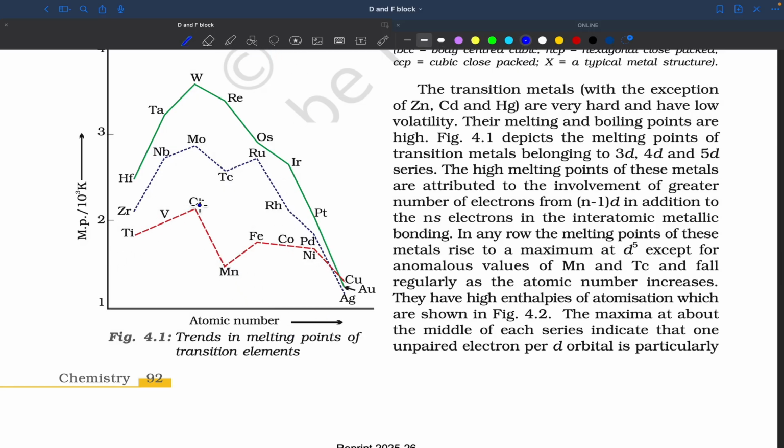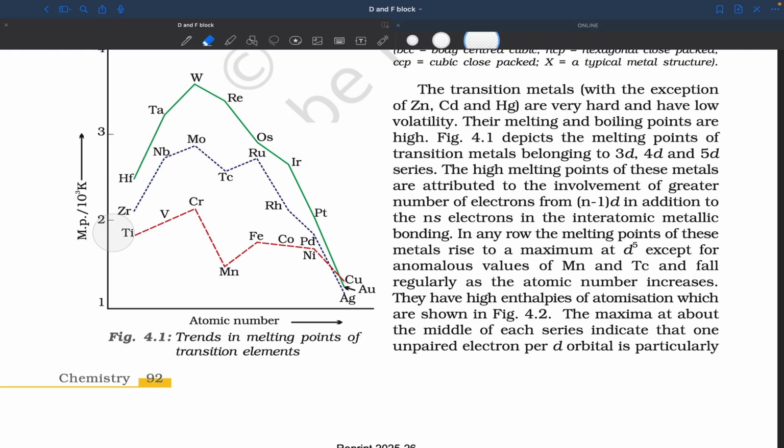So the fourth element is copper here, make a note of it. Here you have yttrium followed by zirconium, niobium, molybdenum. Molybdenum is again the fourth element. Here lanthanum, hafnium, tantalum, tungsten. Again the fourth element is tungsten here.